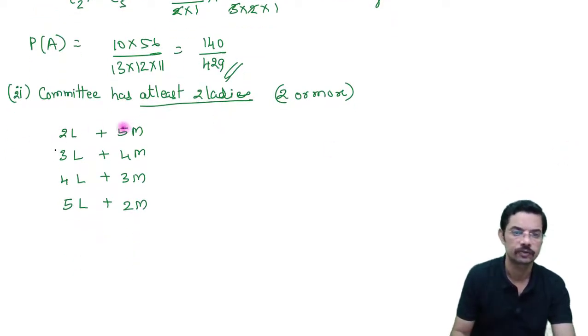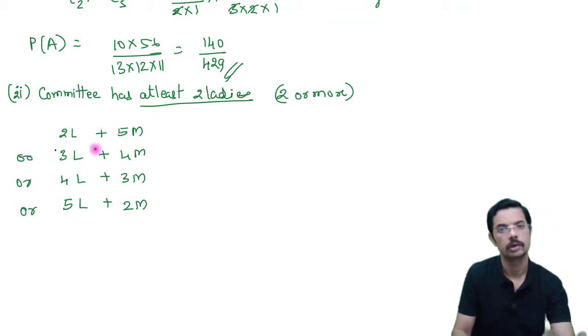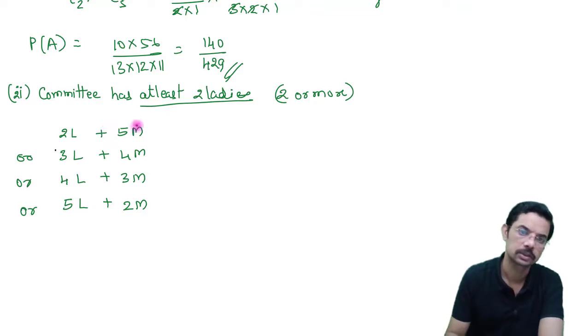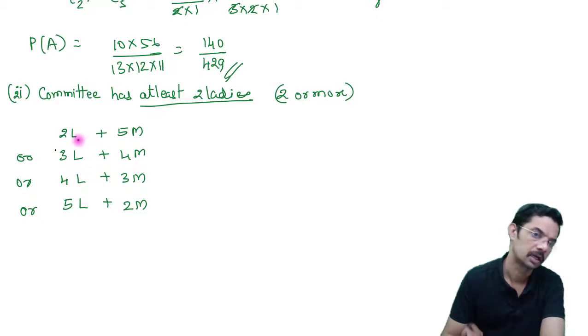So whenever we have or, we will add; whenever we have and, we will multiply.